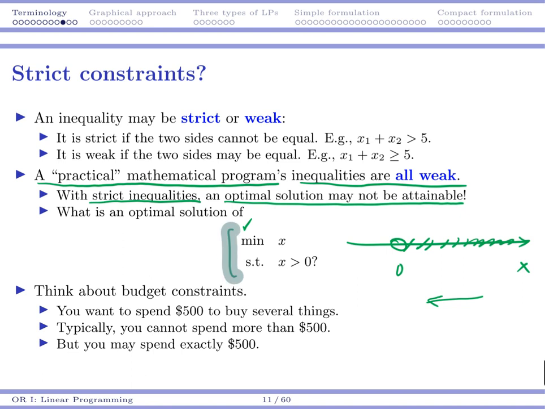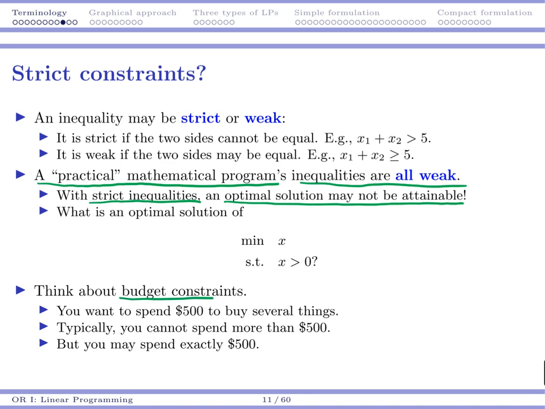So if we allow strict inequalities, the feasible set may not be closed. You would see some boundaries that you cannot reach, and that may result in the case that an optimal solution does not exist. Mathematically, it's weird enough. Practically, it can be even more weird, because in most cases the constraints by nature are weak.